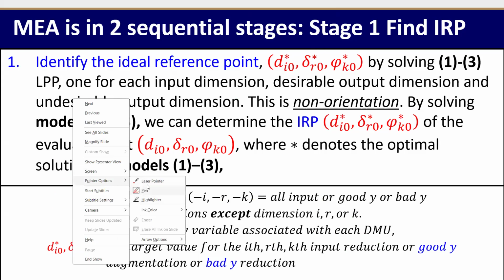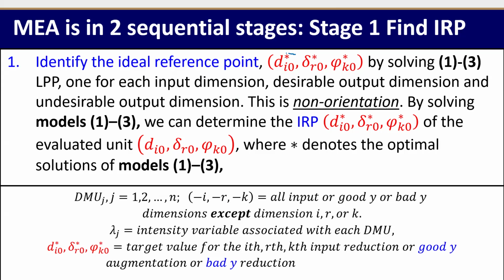Well, you don't know yet, so don't worry. Write it down in your notes because we'll come back to that. The D star is the ideal point for the input.